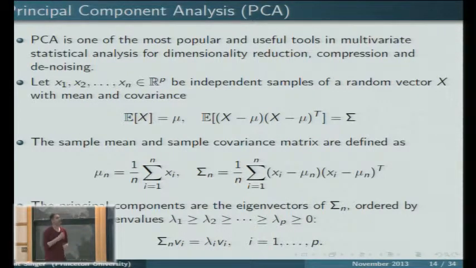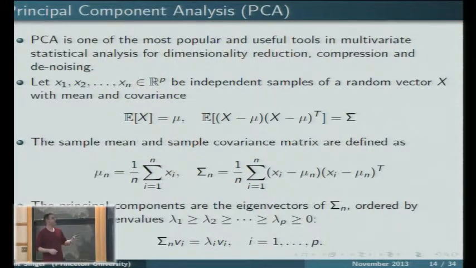So PCA is probably one of the most, or the most popular tool in multivariate statistical analysis if you want to do dimensionality reduction, compression, or denoising of your data set.